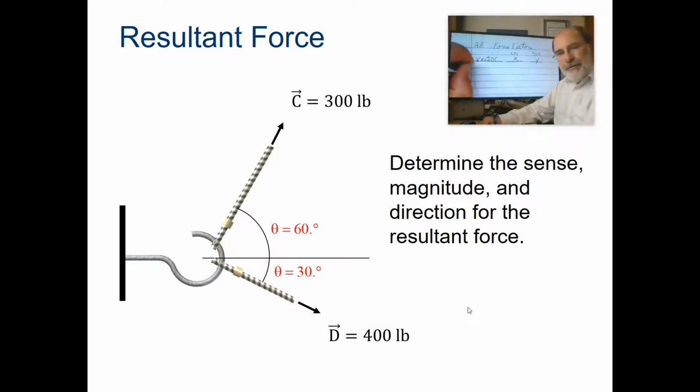So vector C is 300 pounds at an angle of 60 degrees. So to calculate the x component is equal to the hypotenuse times the cosine of the angle.